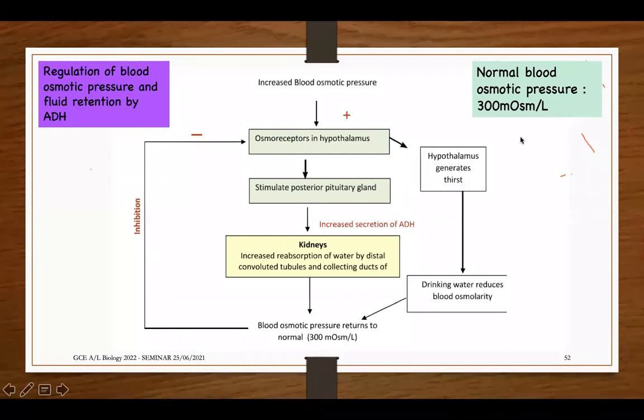Imagine you order fast food from KFC or Mac or whatever, and then you drink very little water and you sleep. Have you experienced suddenly waking up in the middle of the night? You might just wake up, or you might see a very bad nightmare and wake up, and you will feel very thirsty. You will want to drink, and it will feel really good after you have drunk a lot of water.